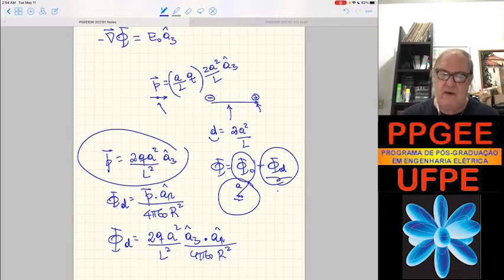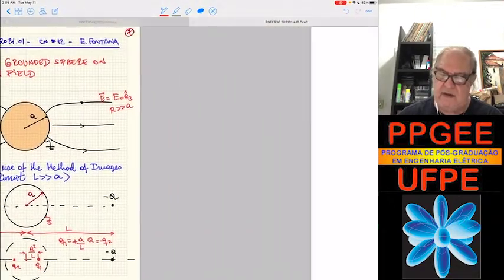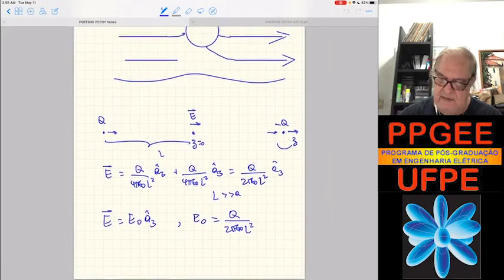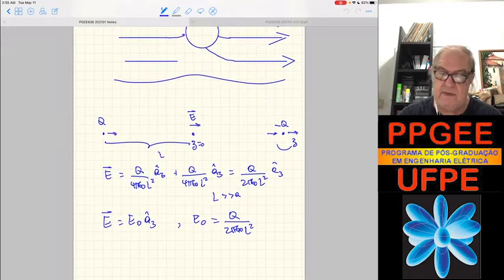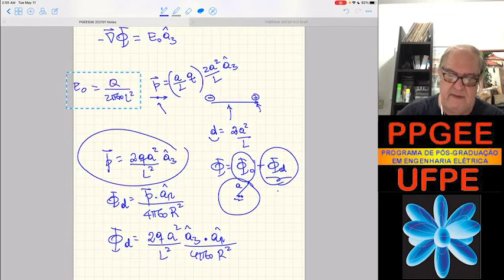Now let's recall what the E field is here. We just calculated the E0. We have the E0 somewhere here.